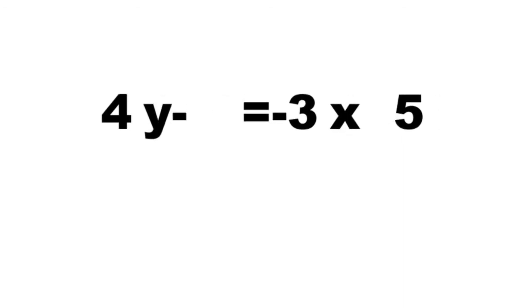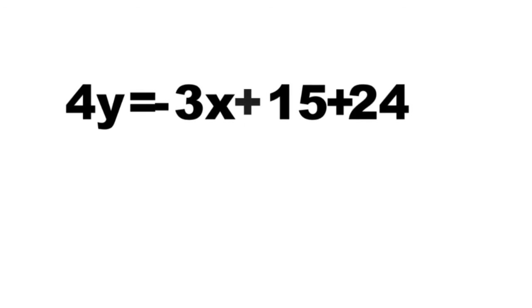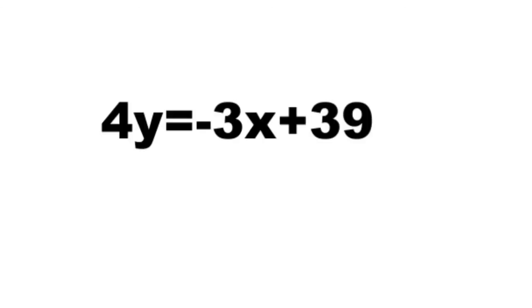By the distributive property, we have 4y minus 24 equals negative 3x plus 15. Transpose 24 to the right, so 4y equals negative 3x plus 15 plus 24, so 4y equals negative 3x plus 39. This is the second asymptote.